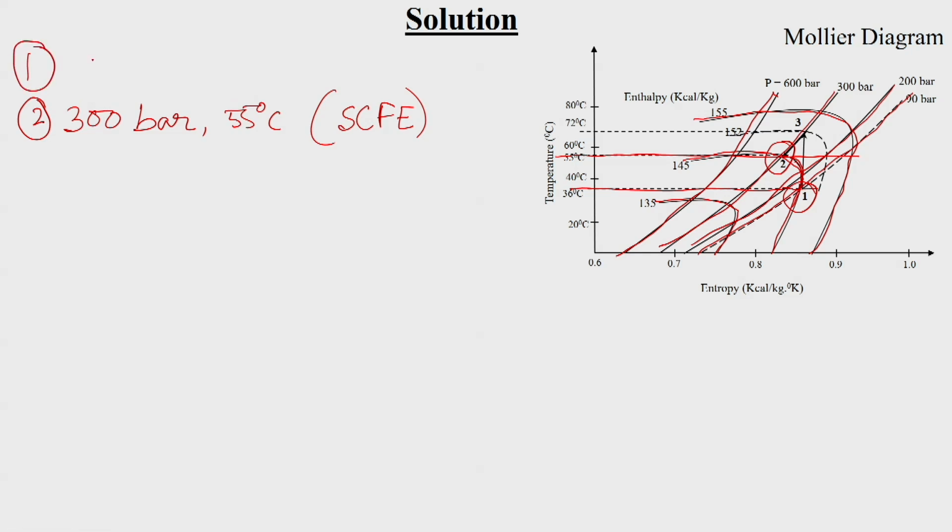Then point 1 is this one on the graph, 90 bar and 36 degrees Celsius, after expansion.